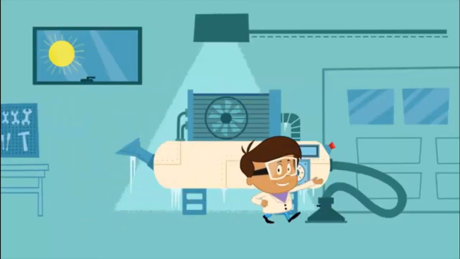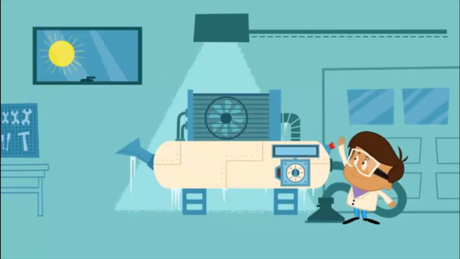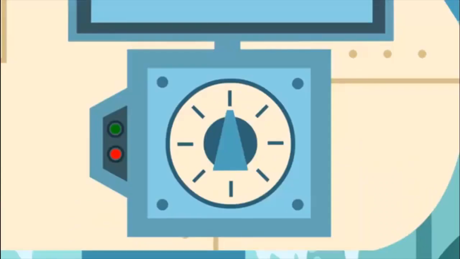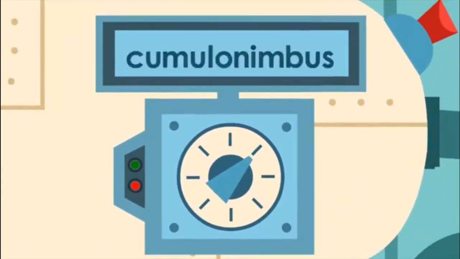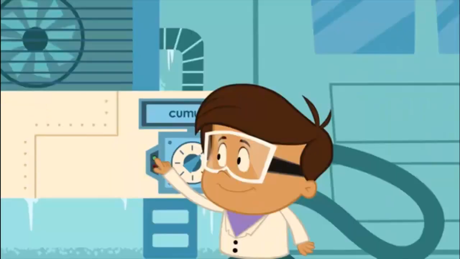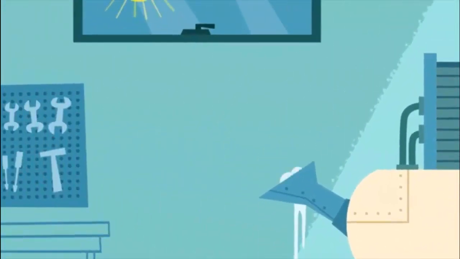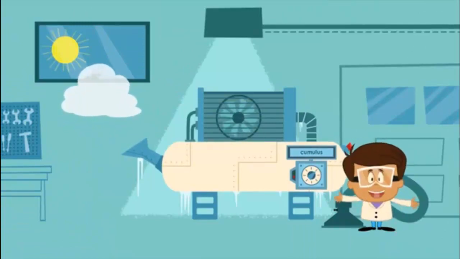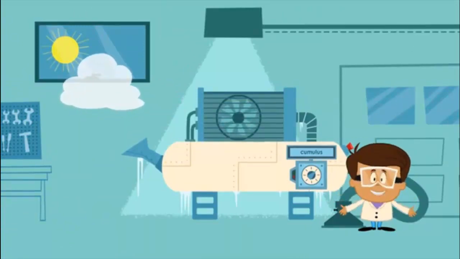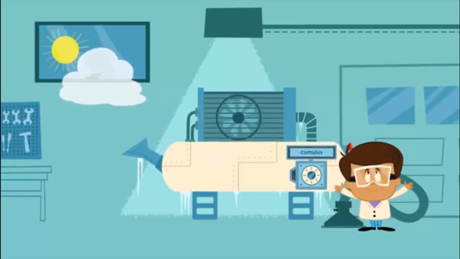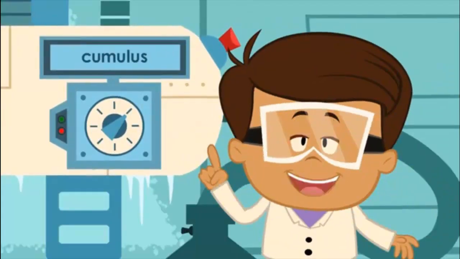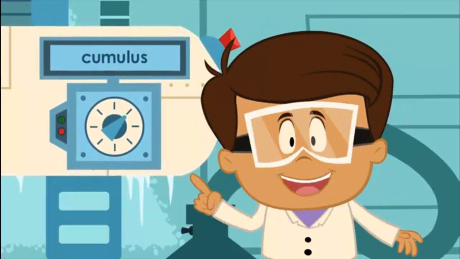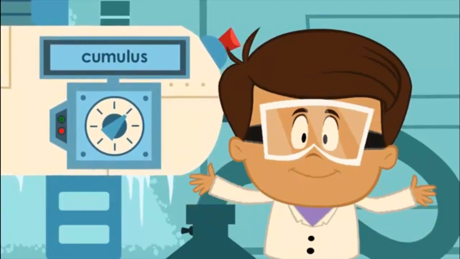There are lots of different kinds of clouds. This is a cumulus cloud. Cumulus clouds look like puffy white cotton balls high in the sky. If you see a cumulus cloud, you can be pretty sure it isn't going to rain. Sometimes you can see shapes in them.